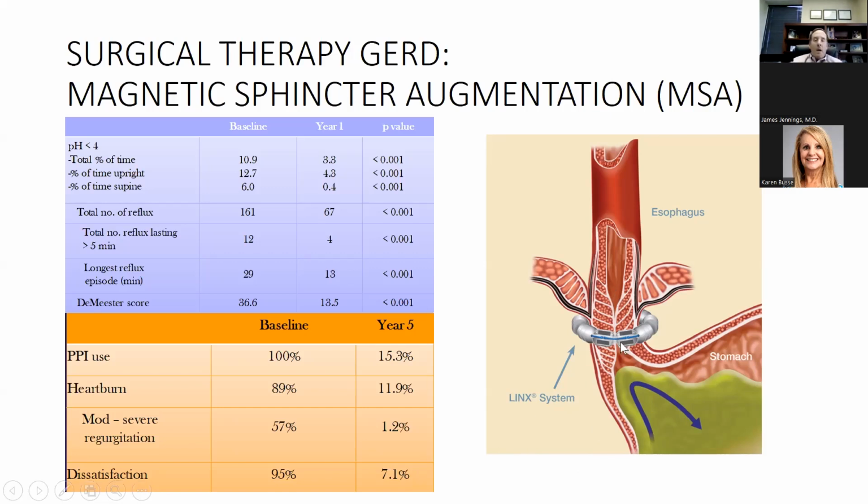The big challenge with the magnetic sphincter is getting the patients to follow the correct diet post-operatively. Surgeons have them on a very specific diet because, as you can imagine, if certain foods aren't eaten properly, this will develop a narrowing to the esophagus and they will develop dysphagia or difficulty swallowing.